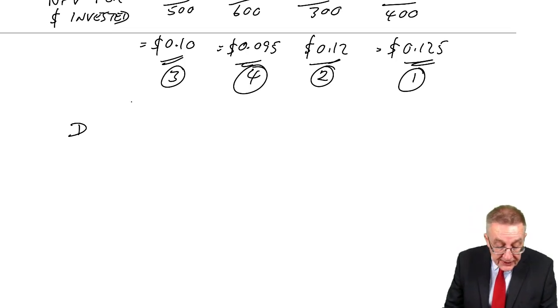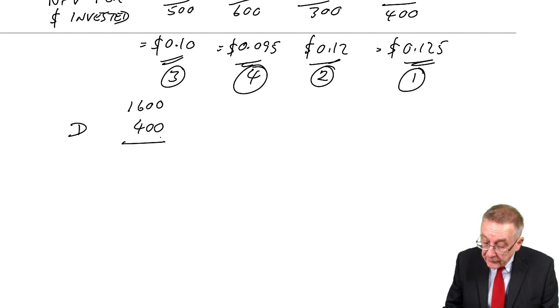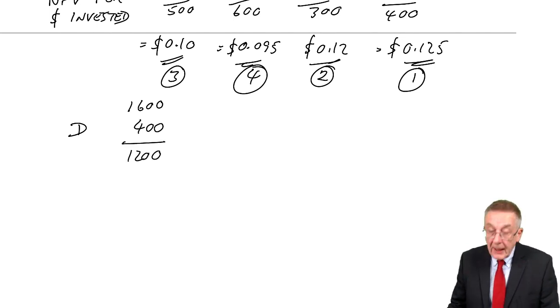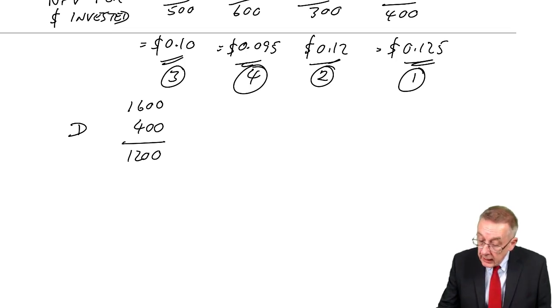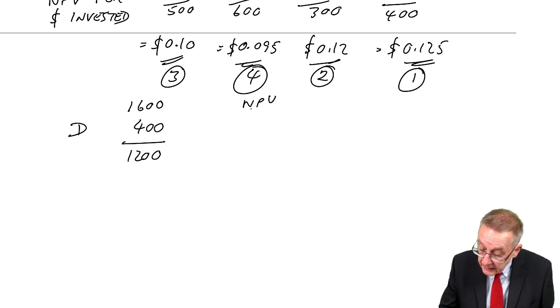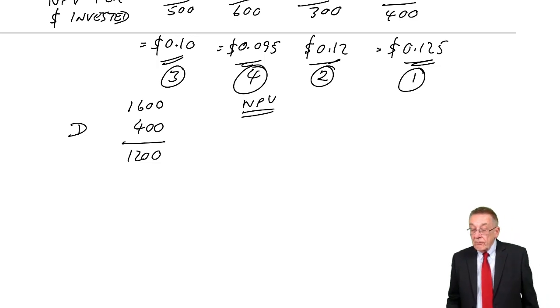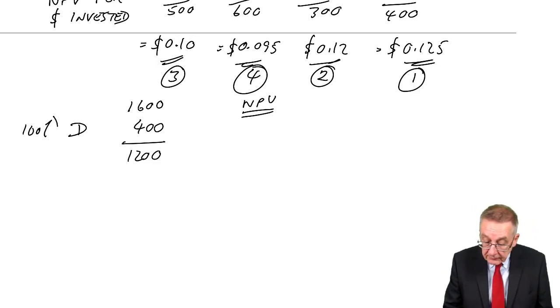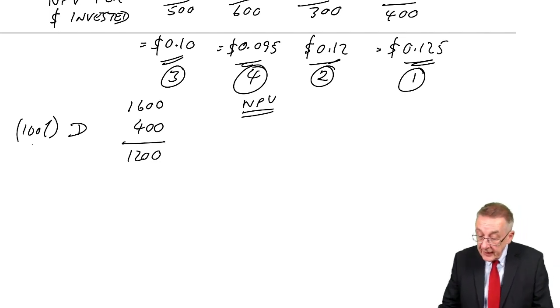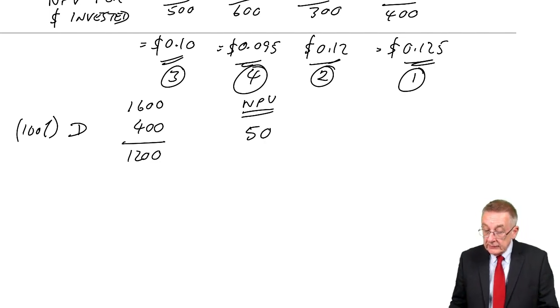Now remember, we had 1,600 available. We'll invest 400 in D. There's 1,200 remaining. What NPV would be generated? Well, since we're investing in 100% of D, we'll get 100% of the NPV. The NPV will be 50.